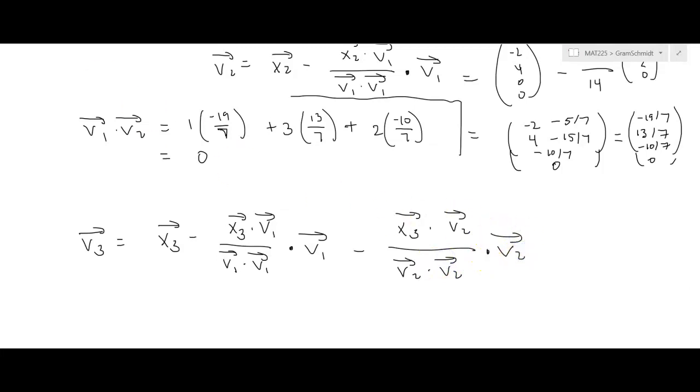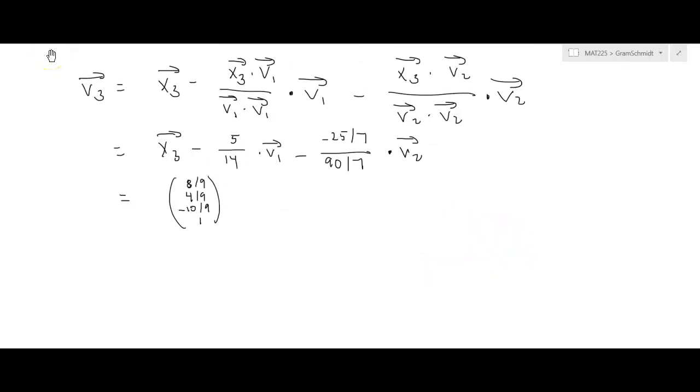And this should give us these coefficients here. 5/14 is what this comes out to. x3 dotted with v2 is negative 25/7. v2 dotted with v2 is 90/7. And then when we evaluate this and get our vector, we get v3 equals this guy here.